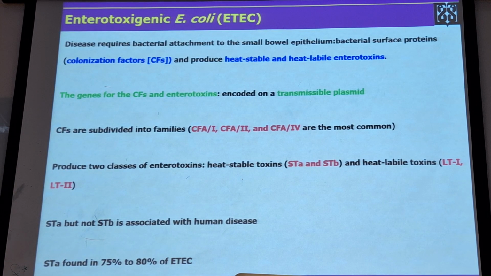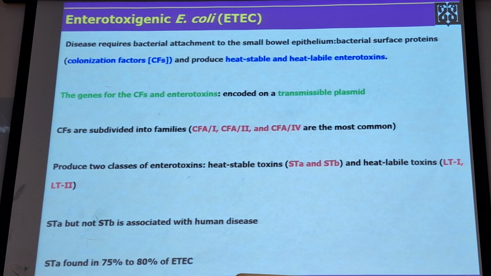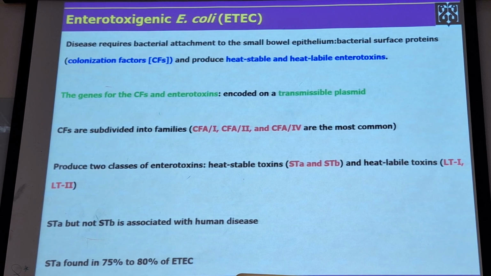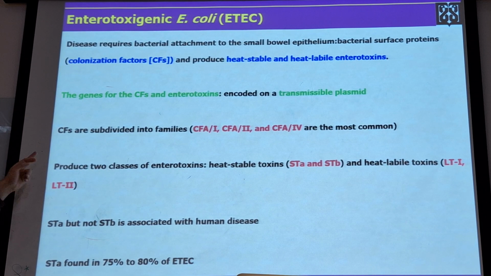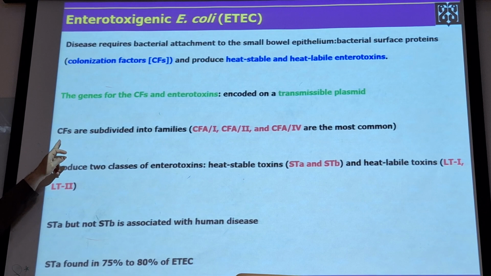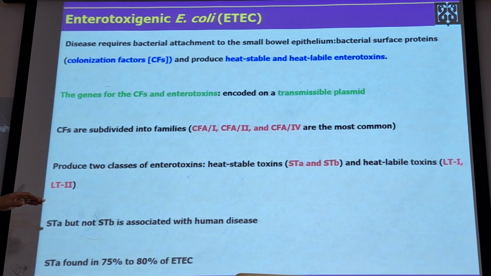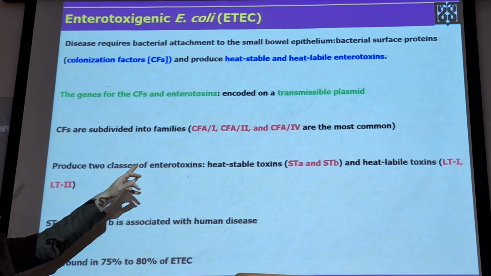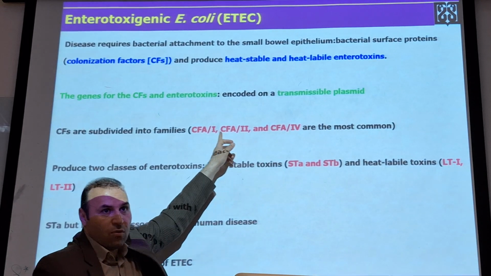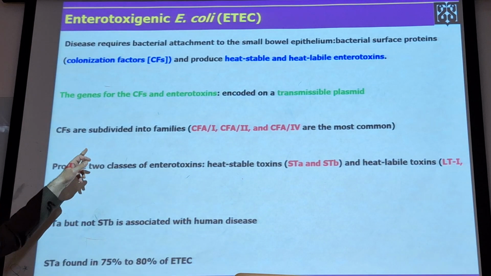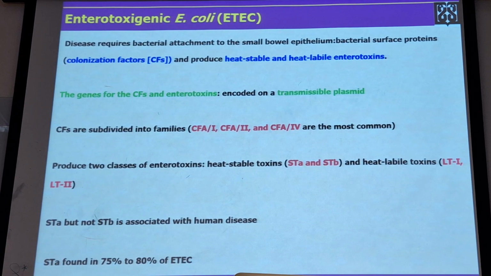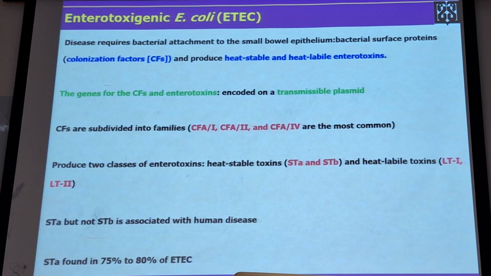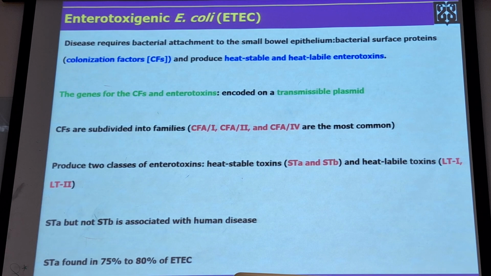The genes encoding the colonizing factors and enterotoxins are encoded by plasmids. Colonization factors are subdivided into several families, and among them the most common are colonization factor antigens, CFA.